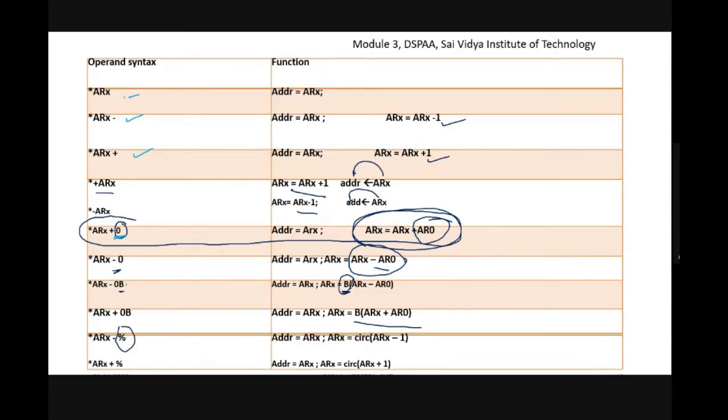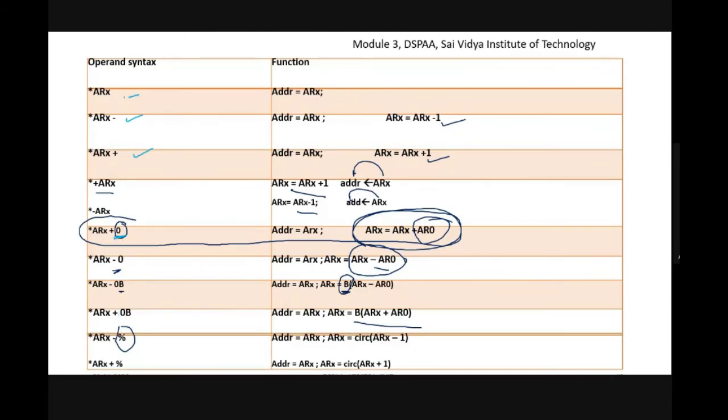Then if you have a B symbol along with the 0, AR0 and bit reversed addressing will be involved. Then ARX content subtraction with AR0 content, then compute the bit reversed addressing of this. Here also ARX content plus AR0 content addition will take place, that is reverse carry add operation we have to do.